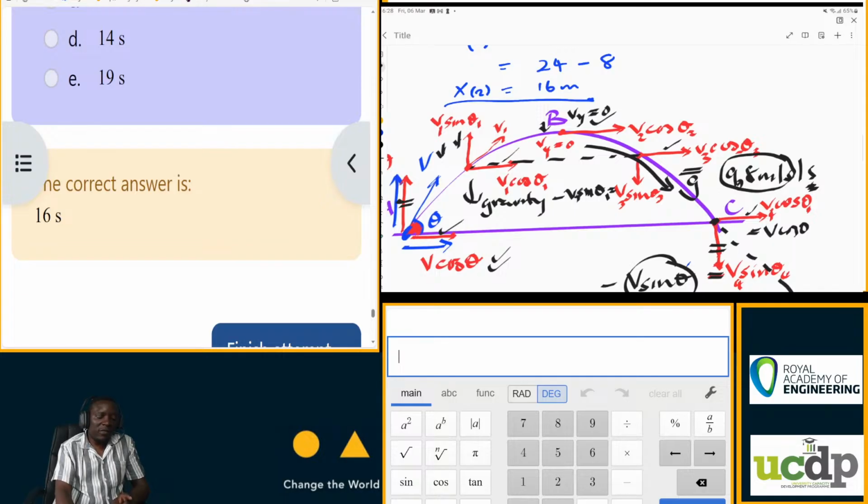So the force of gravity opposes the motion of the body that's going up, and that force of gravity is due to the gravitational acceleration. Also, the force of gravity is acting downwards due to the acceleration of gravity.